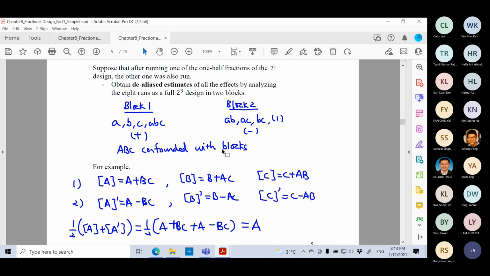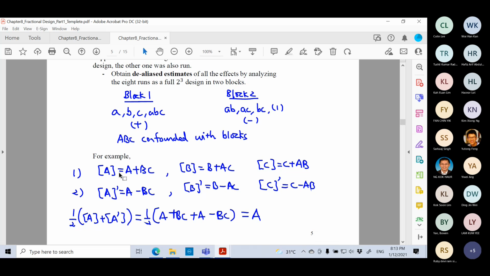And then I also discussed with you that if you have an alias structure for A plus BC for the first half, and then you run the second half, you have A prime, A minus BC. Then if you take the average of these two, you will go back to the effect of A. So this tells you that if you run the first half and then the second half, you get back the real effect of A.